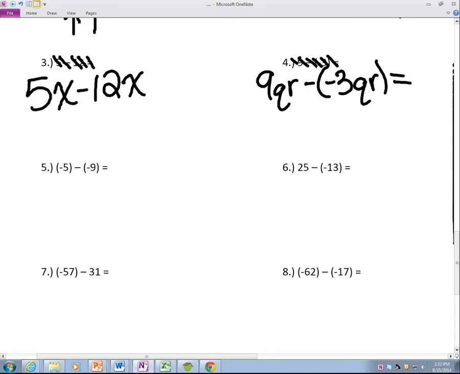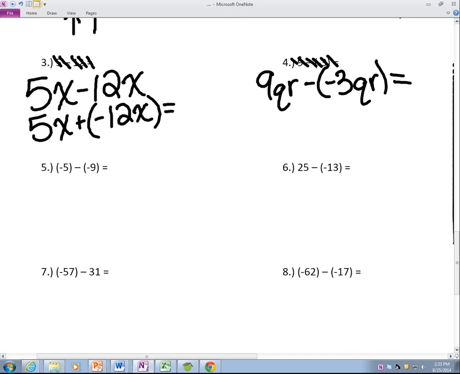So if I were to rewrite number 3 to have the additive inverse, can someone please tell me, who hasn't participated yet today, what it is going to be? Using the additive inverse. Yes, Sam. You are correct. 5x plus negative 12x.